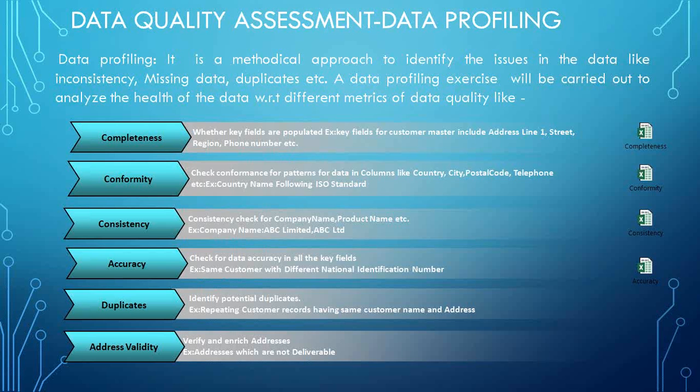So these are inconsistent data. You always want to standardize the data so that tomorrow, as part of matching or something, it will help you to have the proper data.